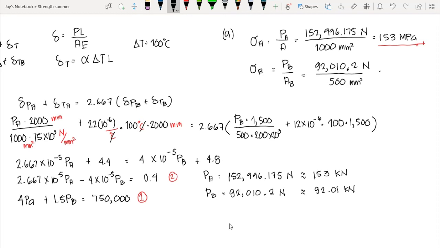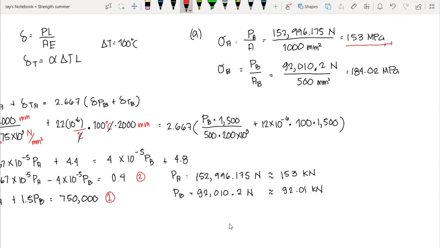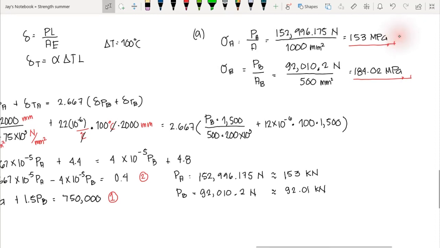So we have the stress 184.02 megapascal. So this is the stress experienced by the steel. And these are our final answers for the letter A question.